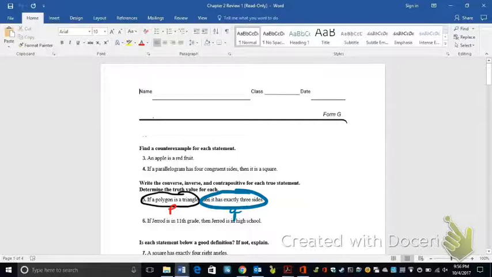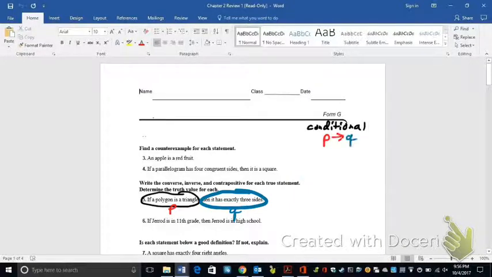So we're already told right off the bat that the hypothesis is true. So our conditional is if P then Q, and that's how we'd write it.